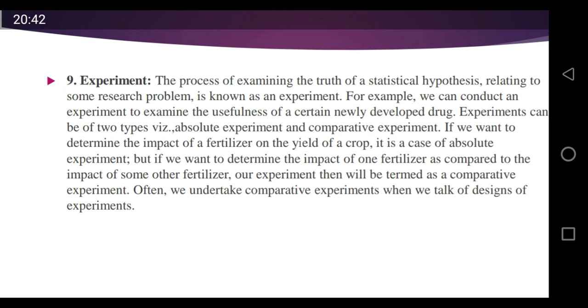We give the fertilizer and check the yield. With this particular fertilizer, if I got a good yield or profit, then only I am going to utilize it. If I lost, the result is definitely going to fail, and some problem has happened. Due to that reason we consider that also. All these things we are going to consider under the research design.